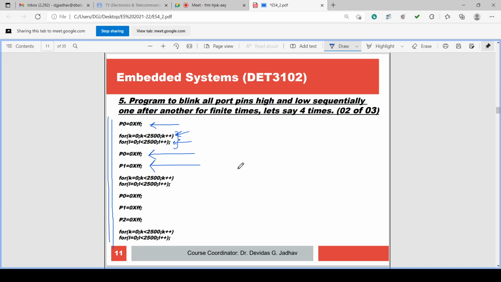So P0 and P1 are FF, 1111 on their pins. So they are having logic high, and they are blinking now as high. So sequentially it is blinked. First P0 is blinked, then P0 and P1 are blinked.